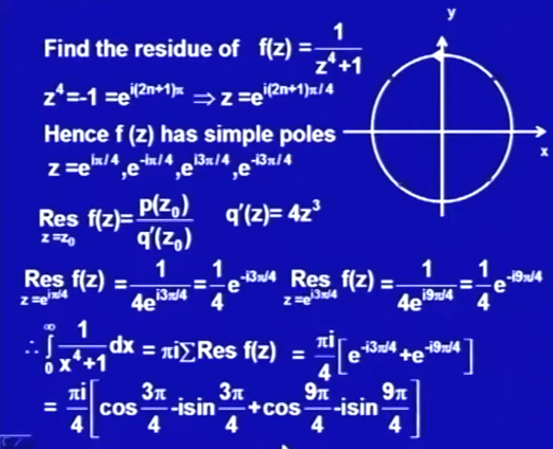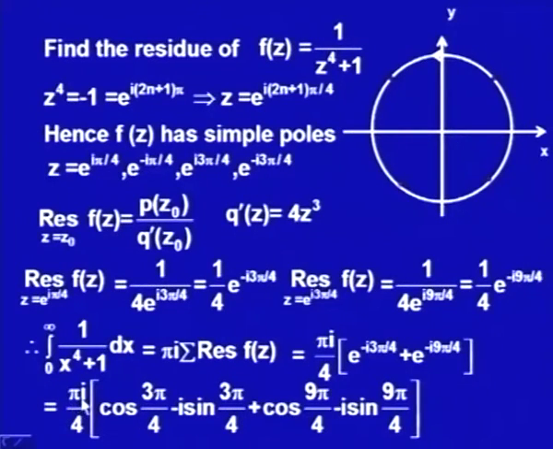So, here we have minus 1 by root 2 minus i by root 2, and here we will get plus 1 by root 2 minus i by root 2. The 1 by root 2 with the plus sign and minus sign would cancel out. I would get minus i by root 2 minus i by root 2, that is minus 2i upon root 2.